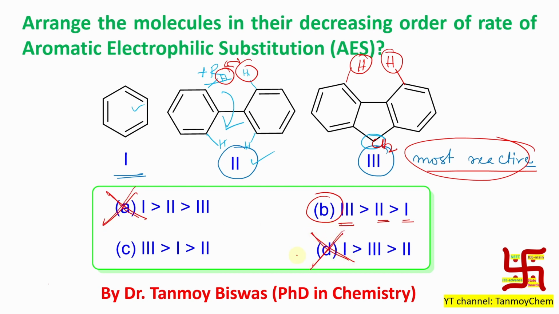Both ways you can remove them. This is a very interesting strategy, called the process of elimination, to remove the dummy options. The benefit is that you have only 2 options to select among. From that you can conclude that compared to benzene, these are conjugated systems, so their reactivity will be more. So next will be option 2. So option B is the right answer.